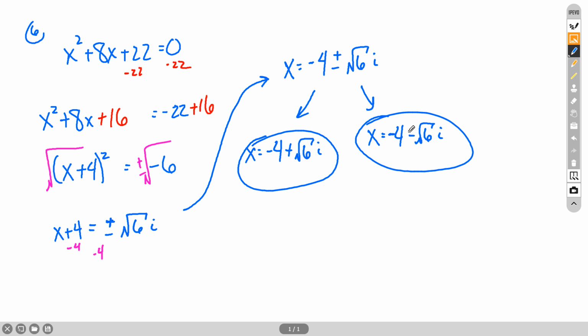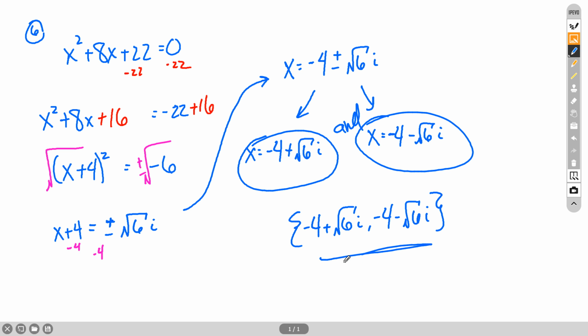So complex solutions for number 6. We may see this as a set: negative 4 plus square root 6i, negative 4 minus square root 6i. We may also see this as a set of solutions as well, so this is also possible.